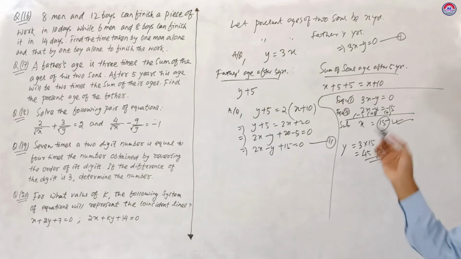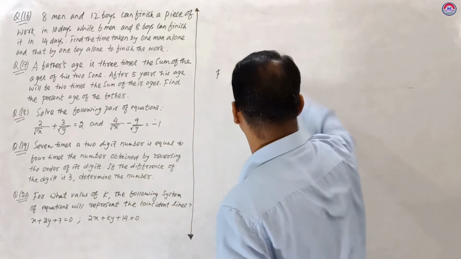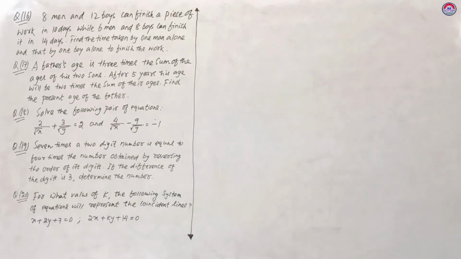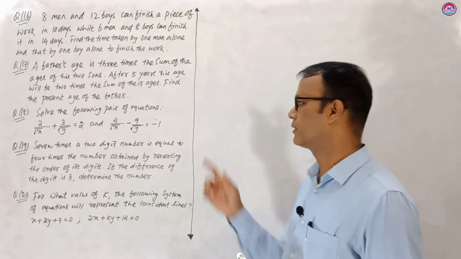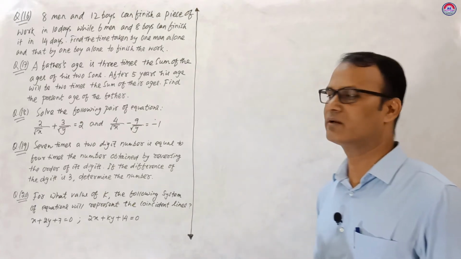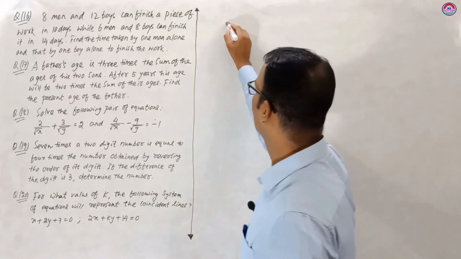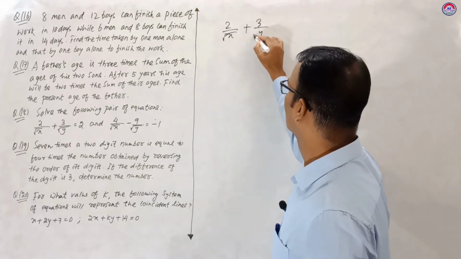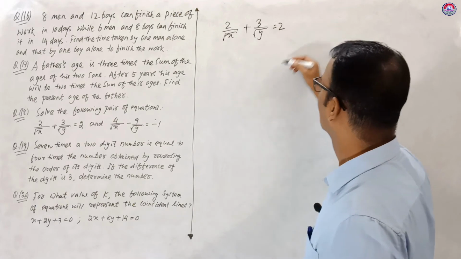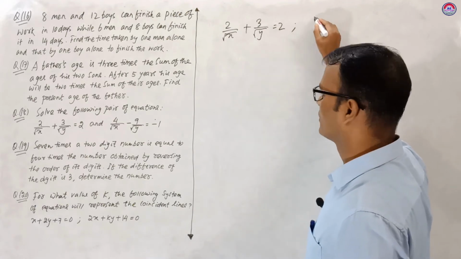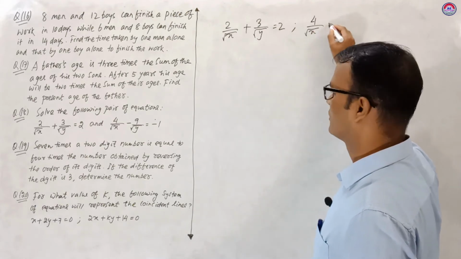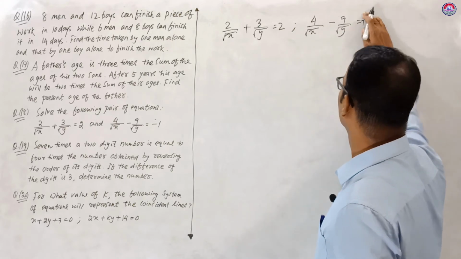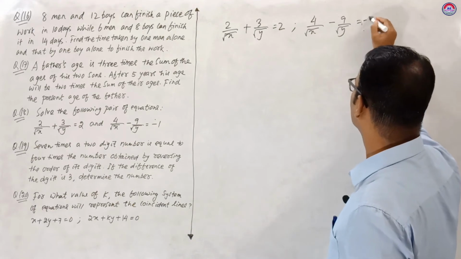Okay, write it down. Next, solve the following pair of equations. Equation 1: 2 by root x plus 3 by root y equal to 2. And another equation: 4 by root x minus 9 by root y equal to minus 1.